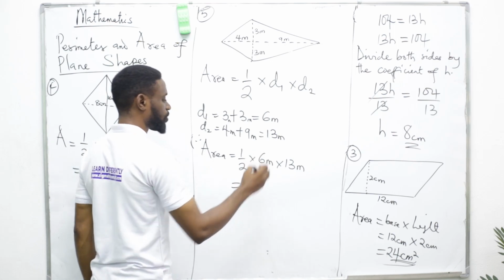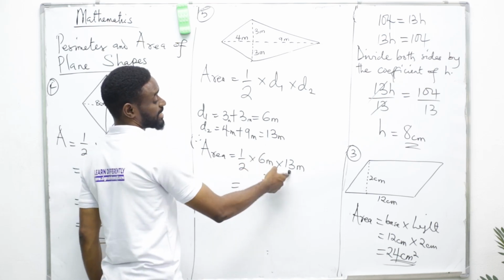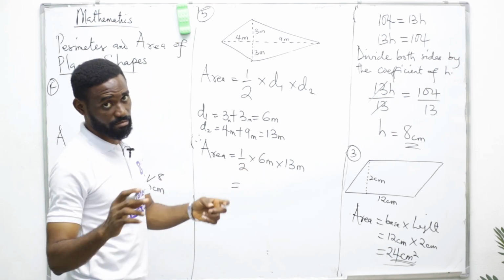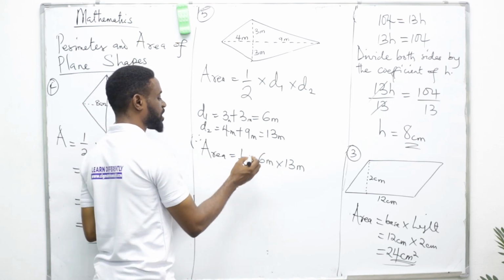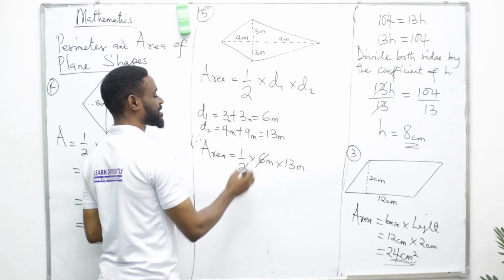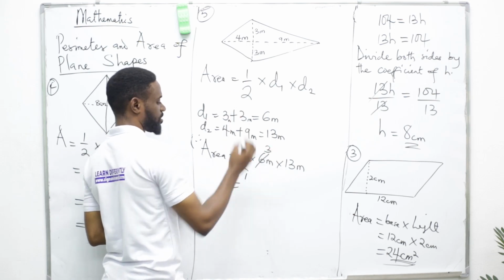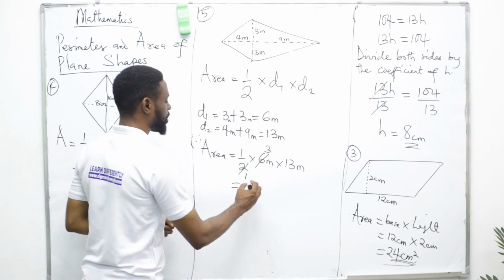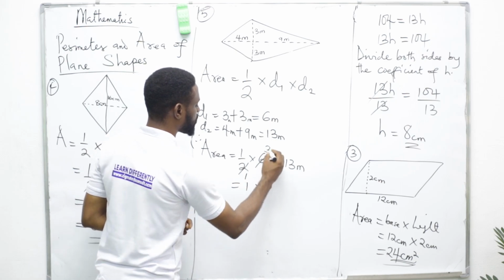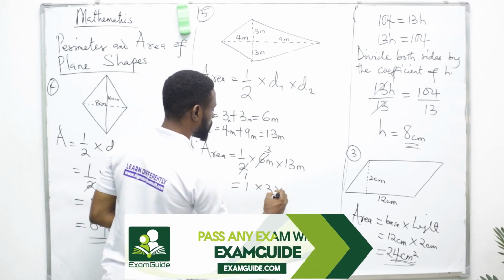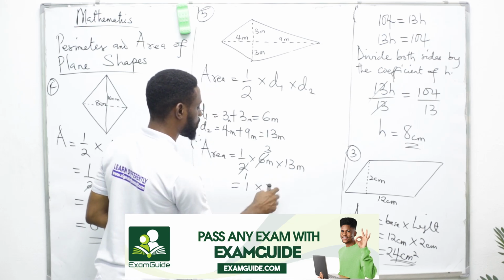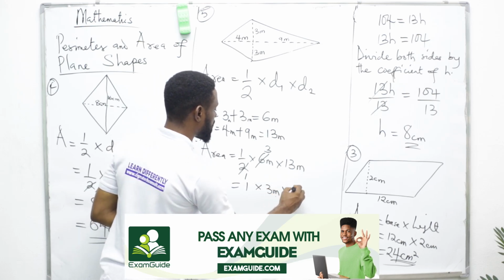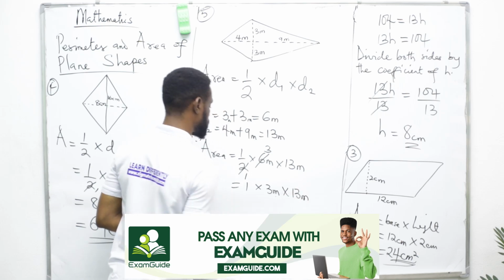So we go. Now, 6 times 13 may be a bit big for you to know, so you can just bring this 6 down. 2 in 2 is 1. 2 in 6 is 3. Okay? So we have 1 times 3 meters times 13 meters.